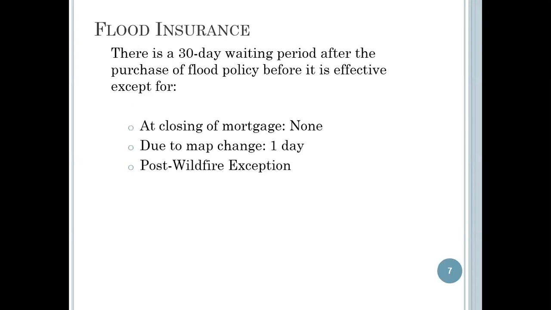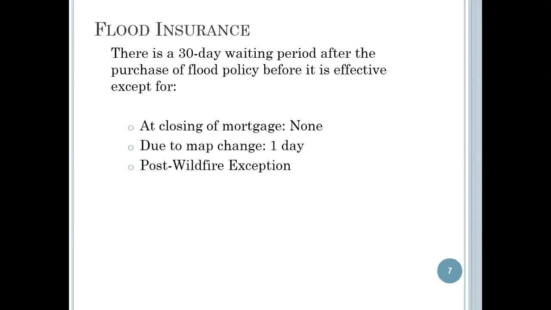Or there is a map date, a map change. In that particular one, if a policy is written within 13 months of a map effective date change, there's a 1-day waiting period. Now, because of the Waldo Canyon fire that we had here in Colorado, the Biggert-Waters Act of 2012 added a third exception, and that is the post-wildfire exception.